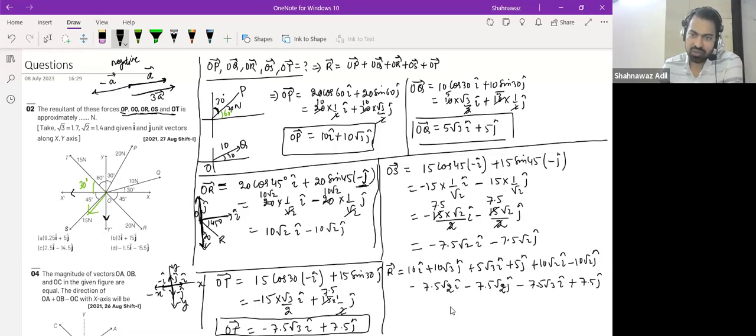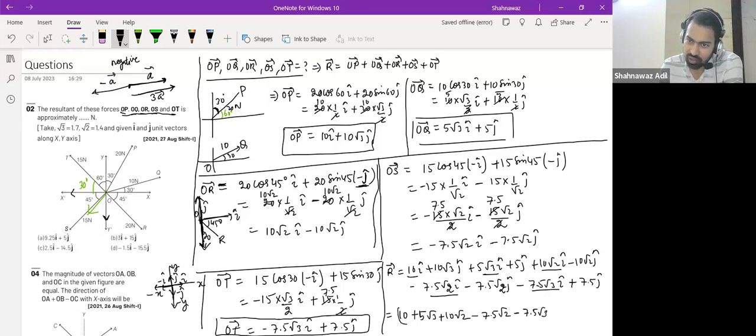Okay, so now we have to just simplify. So I, and I, and this is again I, and this is I. So we have 10 plus 10 root 2 plus 5 root 3 I, and then minus 7.5 root 2, and then we have a minus of 7.5.